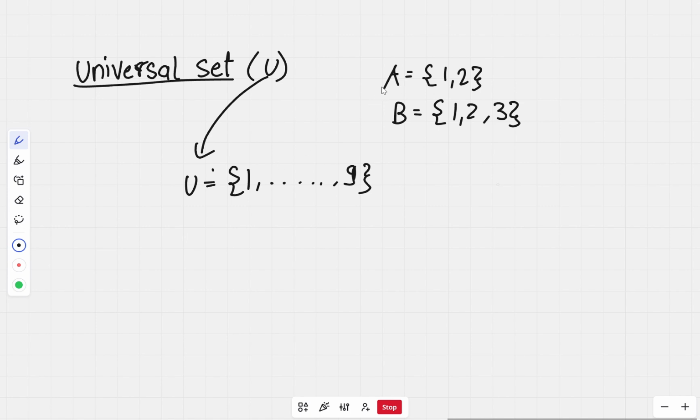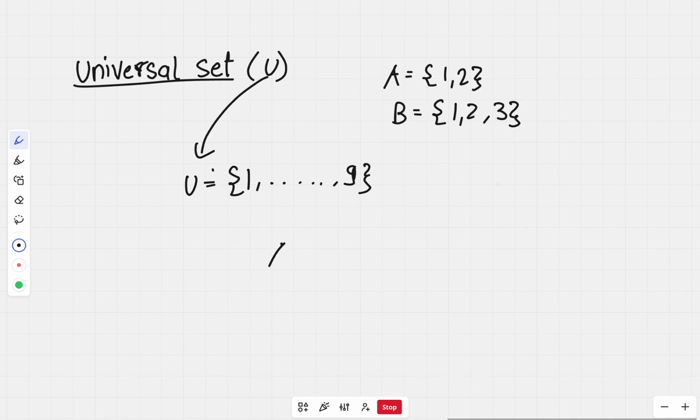Now if we create a set A and a set B, then all the values present in these sets must be from these values inside U. A cannot have values like 10, 11, 12 or 0 because they are not present in the universal set. Basically the universal set is a superset of every set present in that particular problem.